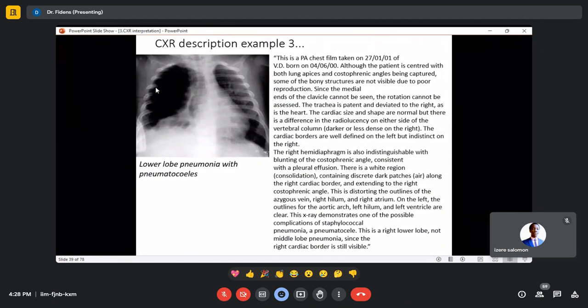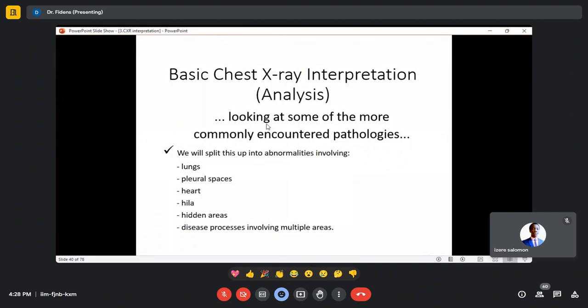There is hyperinflation as compensatory hyperinflation. That's the reason why you see this side is too big and too dark compared to the left one. Okay. I just wanted to show you how we describe an image.